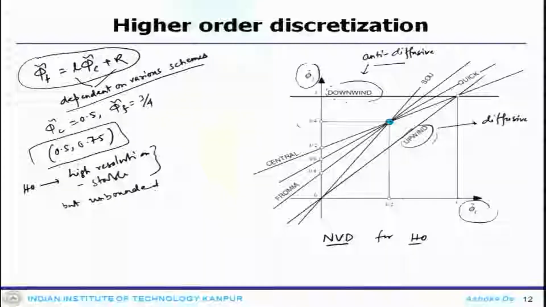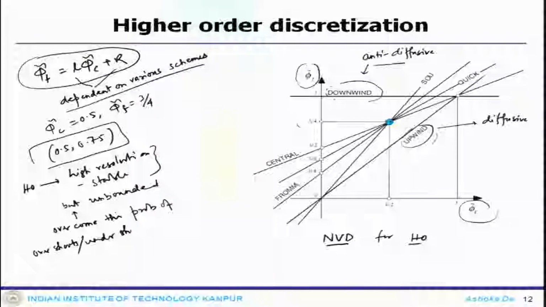So, you need to overcome this problem of overshoots or undershoots, which is essentially the oscillations near the gradient, and that gives the platform for devising high resolution schemes.